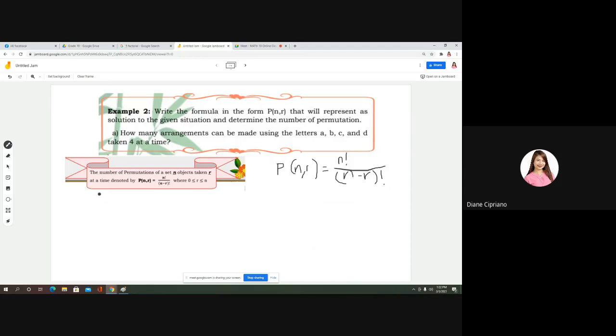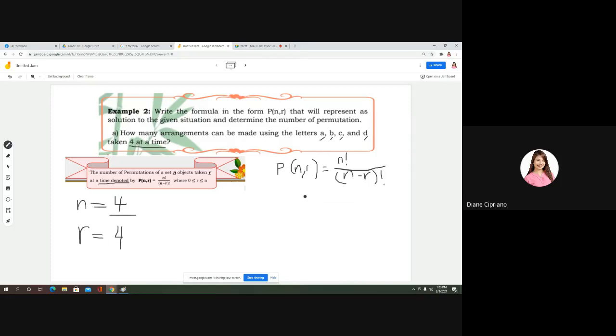Your n, or your objects, is equal to how many? 1, 2, 3, 4. So your object is 4. How about your r? Your r is the number taken at a time. So this is 4 at a time. So r is equal to 4 also.